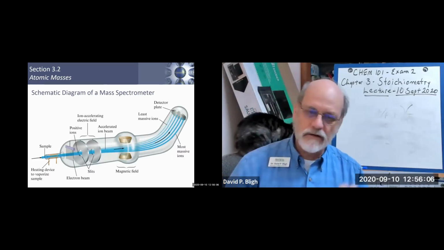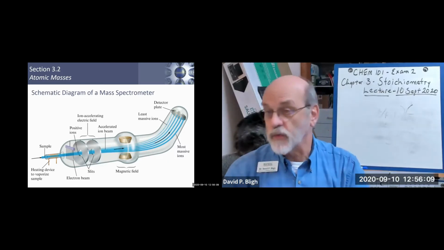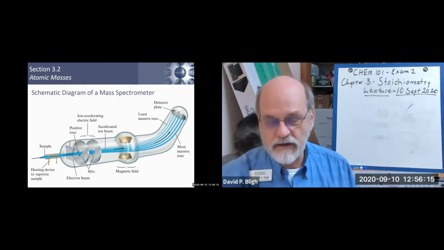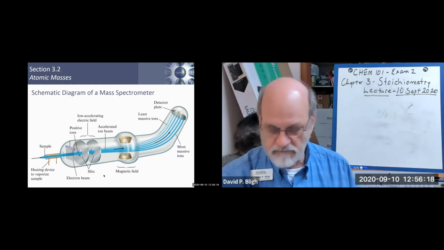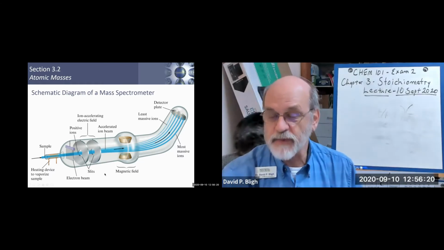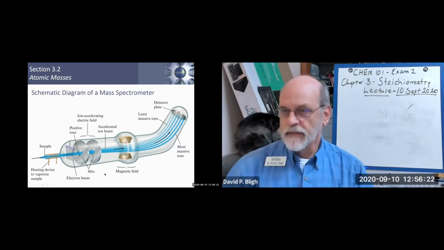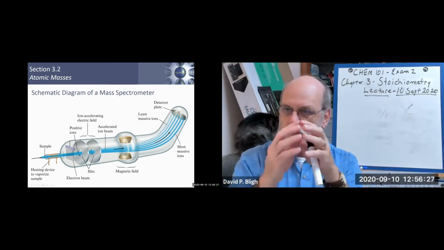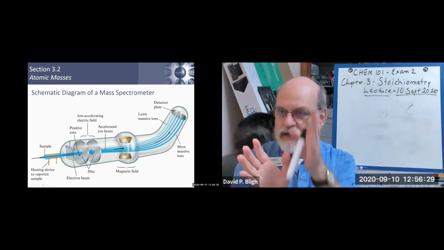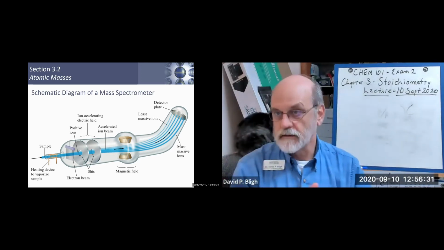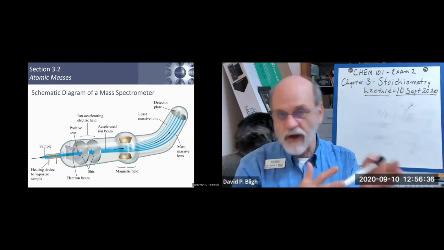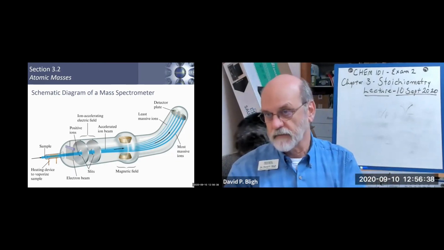Now, how do we tell how many of each isotope we have? Well, it takes some pretty sophisticated instrumentation to do that. And one piece of equipment that's very useful is the mass spectrometer. So when we say spectro in any instrument, we mean we're splitting it apart into pieces that are different based on some common factor.